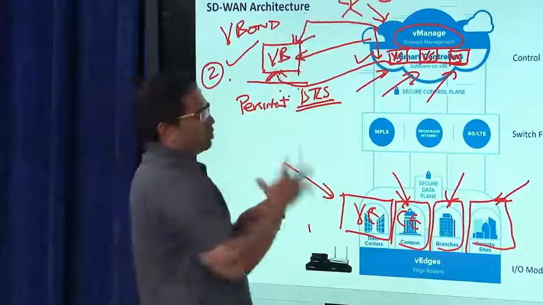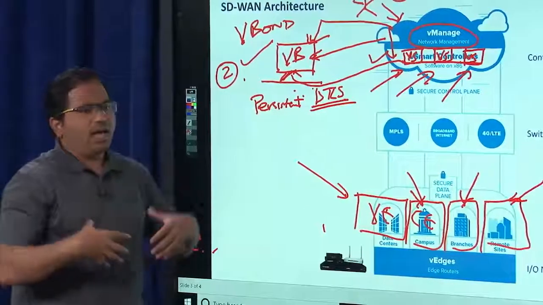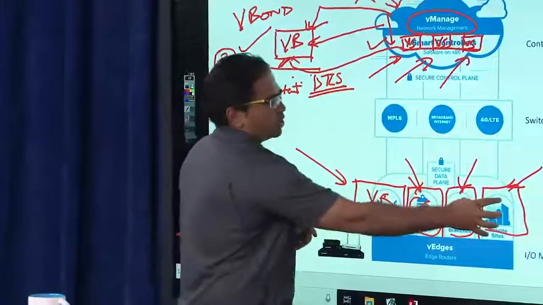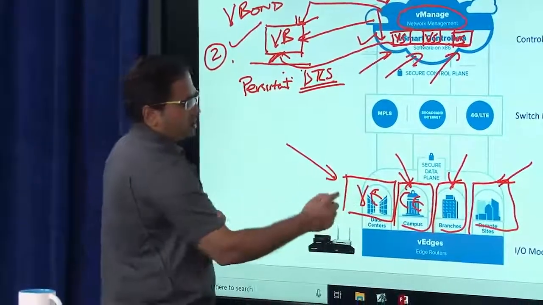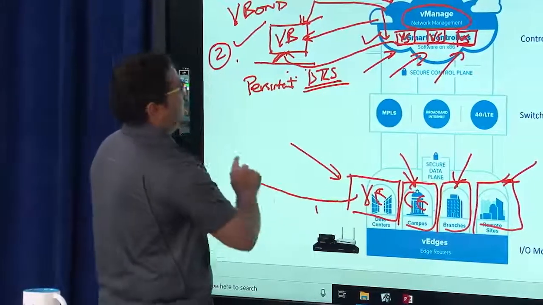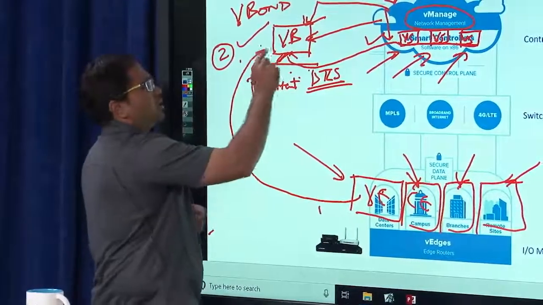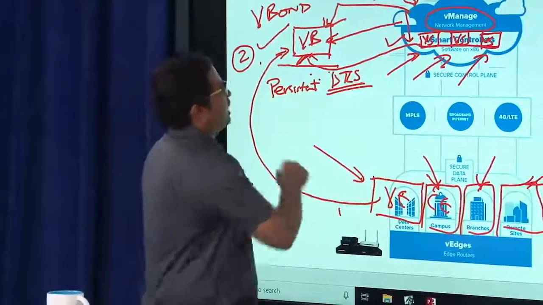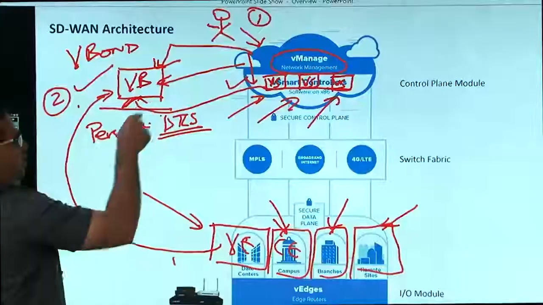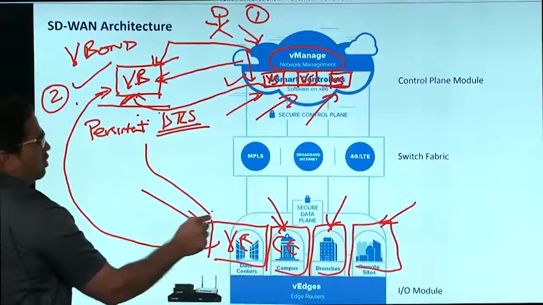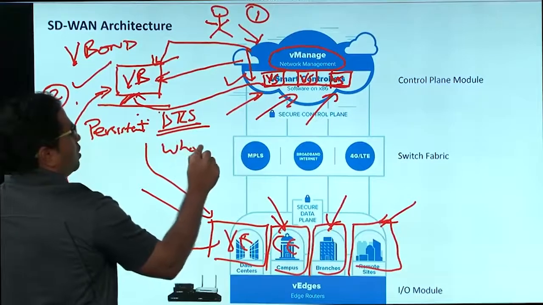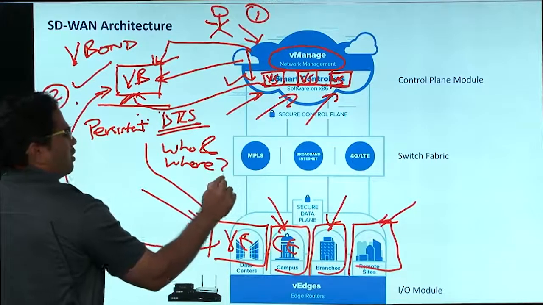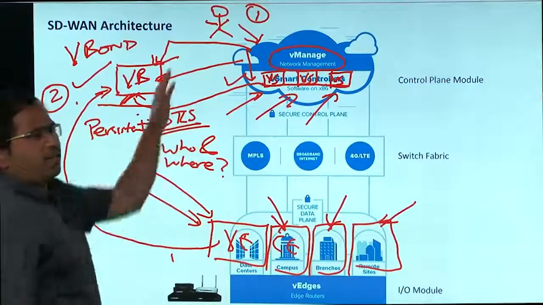Now the operator or the customer wants to deploy his branches, his sites. We ship these edge boxes to the sites. Each of these edge boxes now are programmed in the same way to go and talk to the orchestrator, the vBond. On connecting, the vBond informs the edge devices of who and where the controllers are and the NMS is.